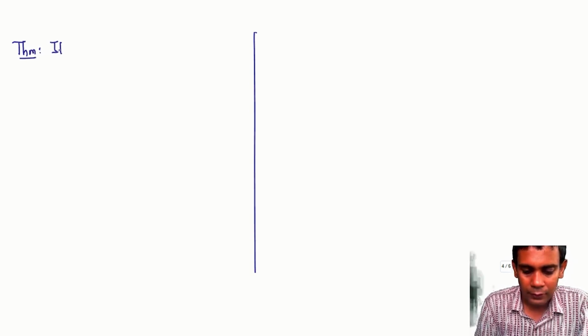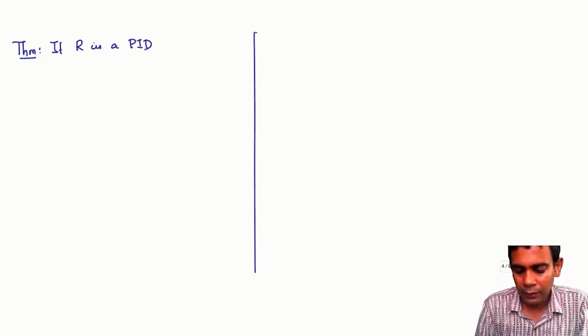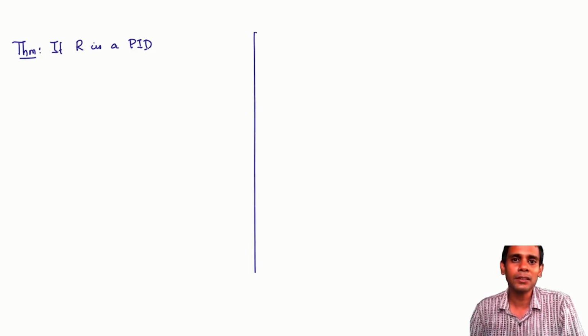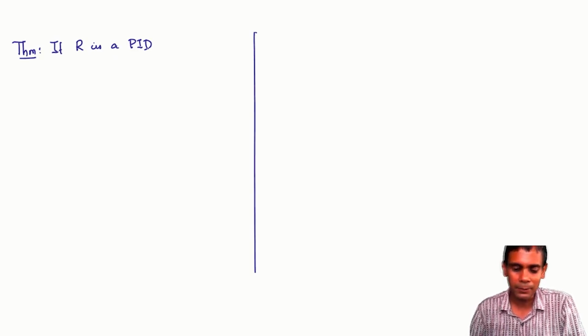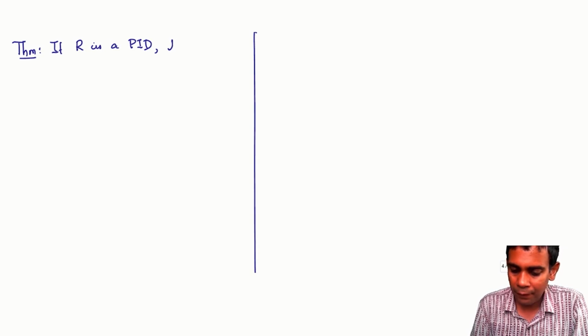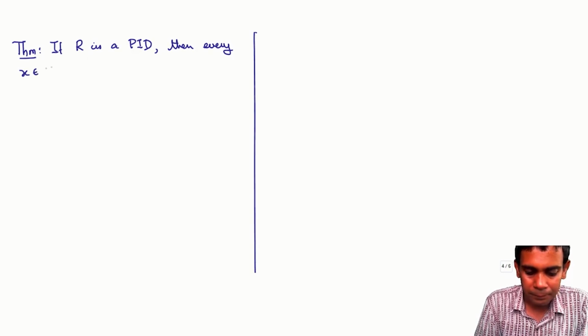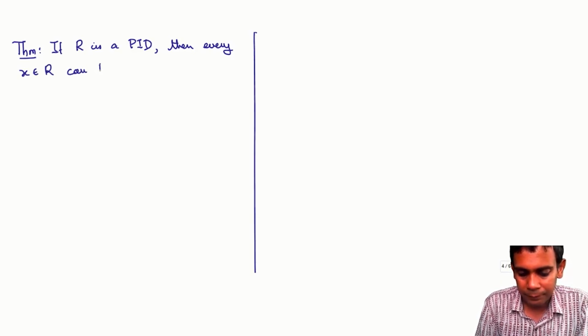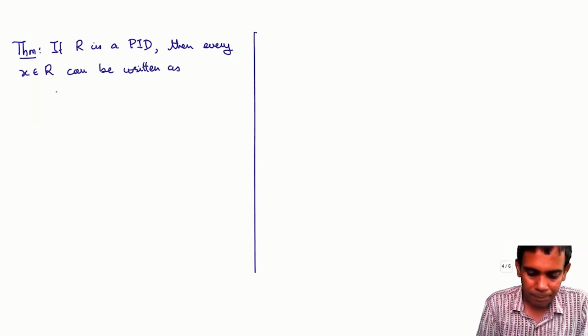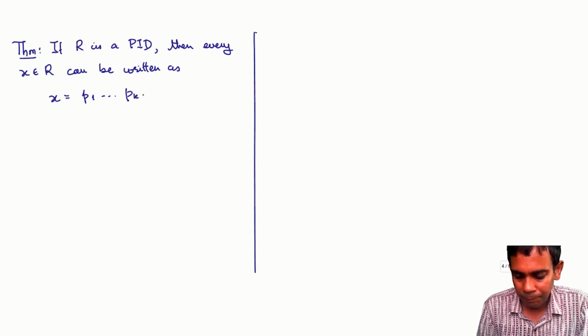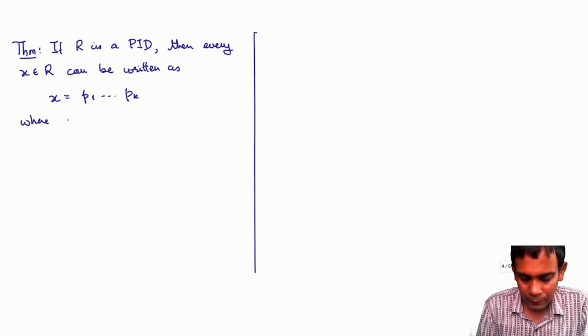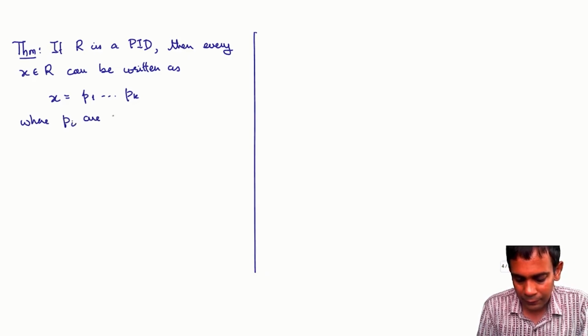If R is a PID, in other words, a commutative integral domain in which every ideal is principal, then every x in R can be written as x equals p1 p2 ... pk, where the pi are irreducible.